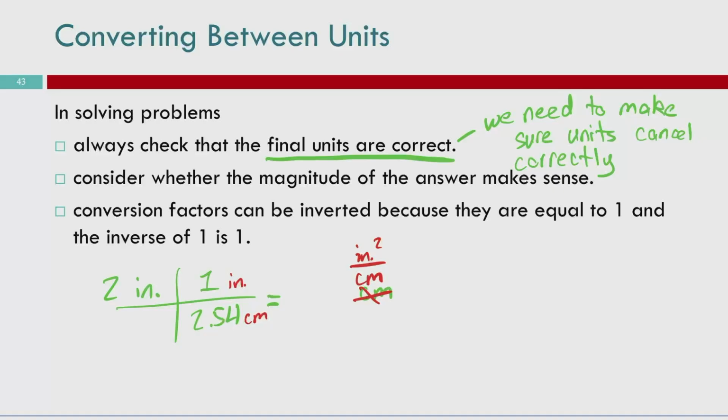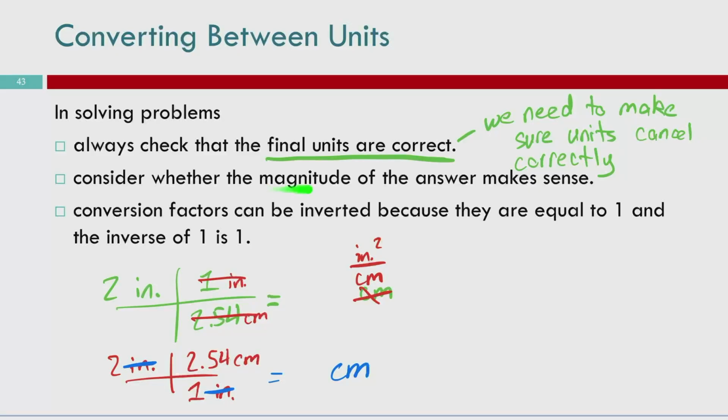Doesn't mean anything to anyone. We did the calculation upside down, so our conversion factor is flipped. What we would actually want to do is have the 2.54 centimeters on the top, the 1 inch on the bottom, and then the inches cancel and it turns our units into centimeters like we had intended. So just an example of getting things flipped.